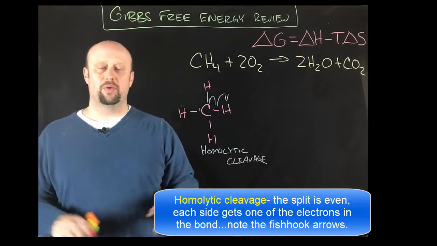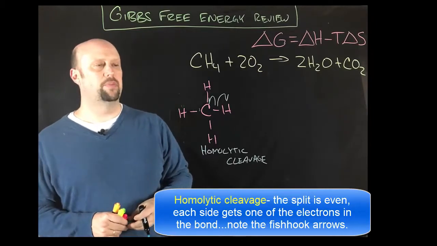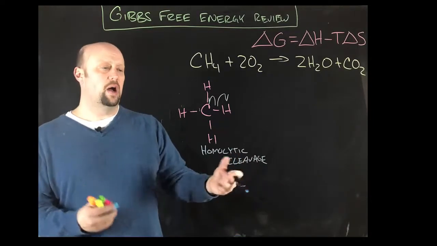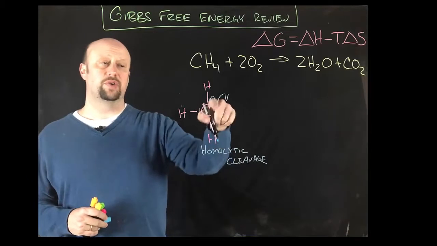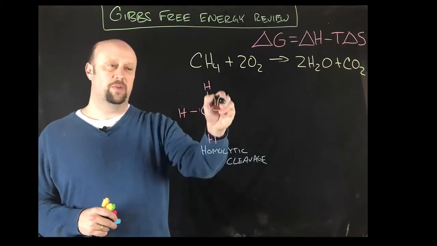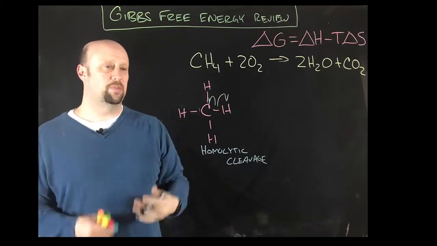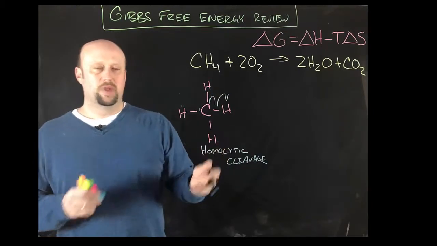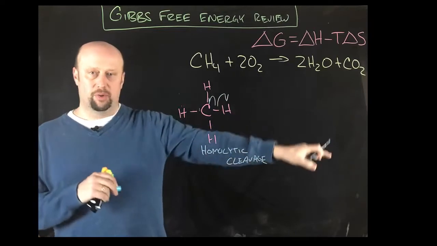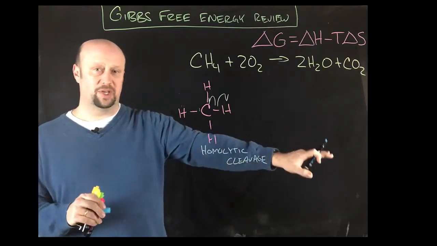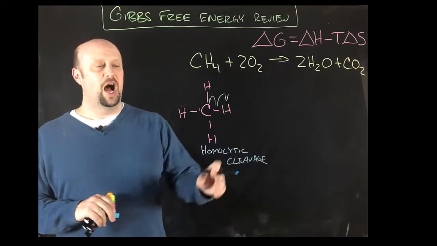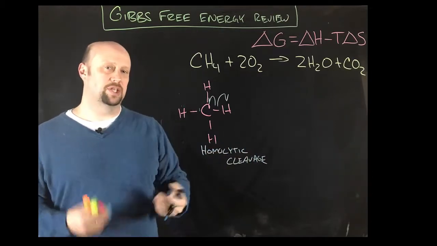That will form what we call radicals, and that's going to be really important to us later on. We can have heterolytic cleavages as well, and that would be if we drew our arrows double-headed, which would represent that both electrons were leaving. The only reason that I bring that up is because that's going to become important to us if you're taking organic chemistry down the line, or if you're in organic chemistry now, but also because that's where the values on the table come from.